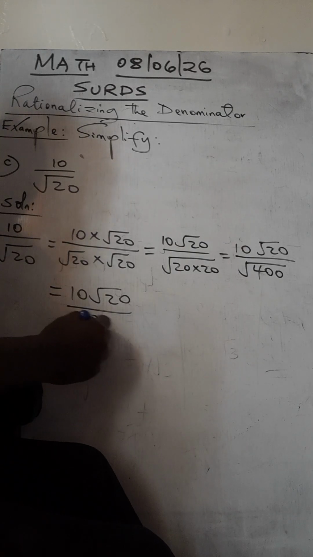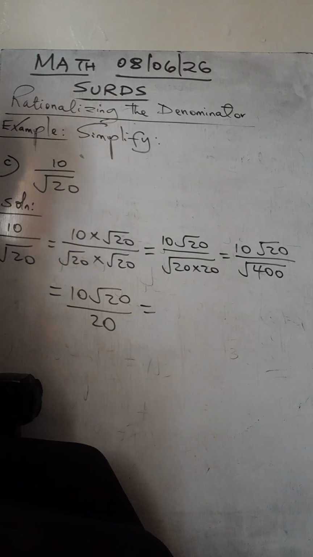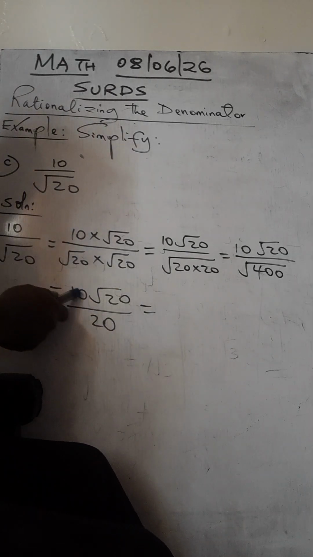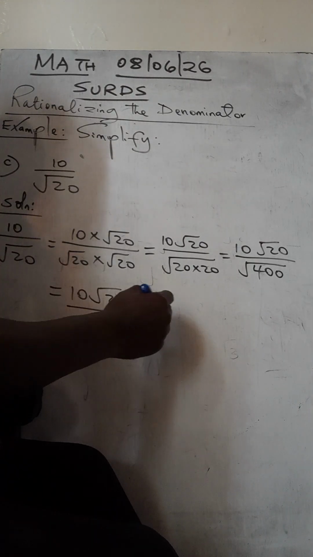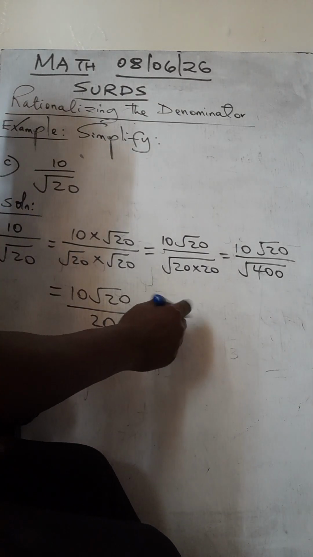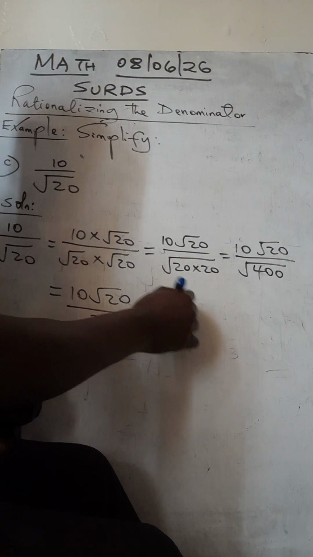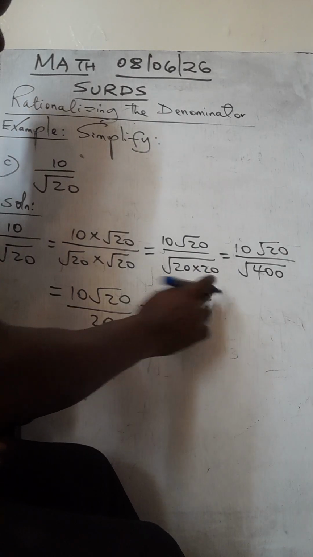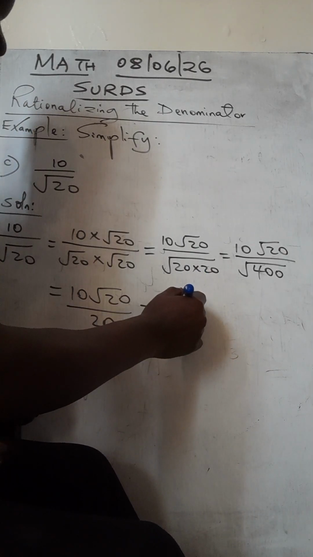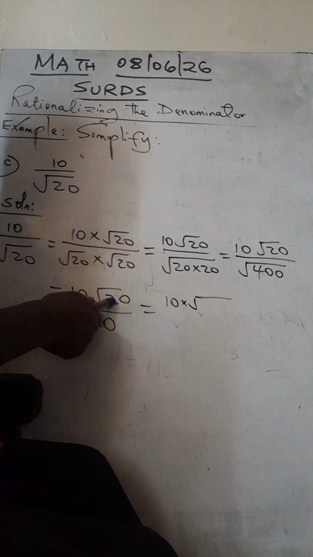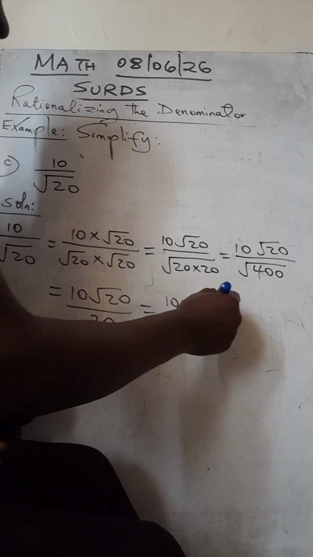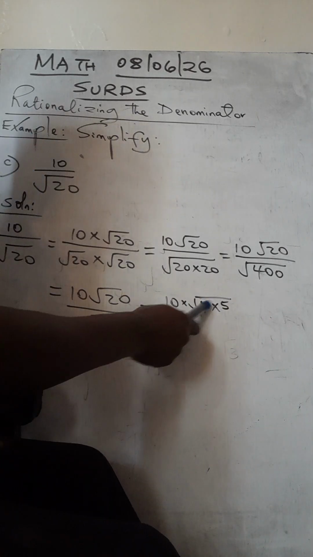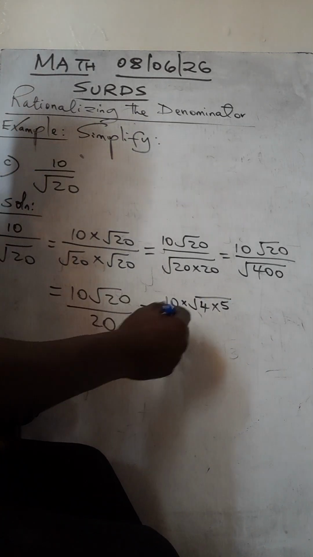But this and this can be simplified. 10 goes into 20 twice. This is what I'm talking about. So you can write it this way. 20 is the same as 4 times 5. 4 times 5 represents 20.